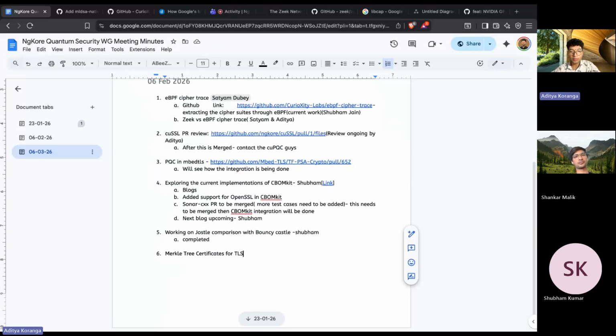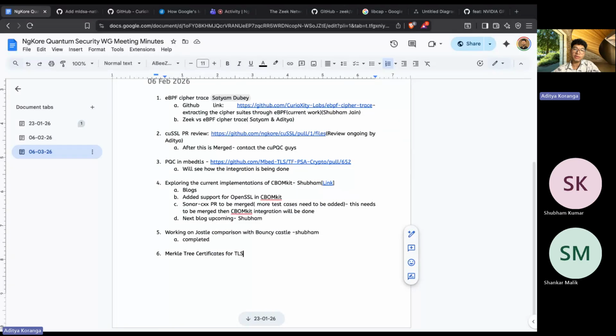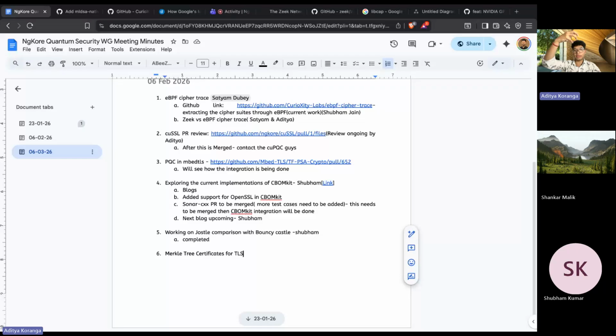I've not read it in depth, but from a very high-level overview, for certificate authentication there's a hierarchy, like root CA and sub CA. The root CA is the real deal here. The root CA will be signed by some algorithm, and that will be taken as the root node of the Merkle tree.